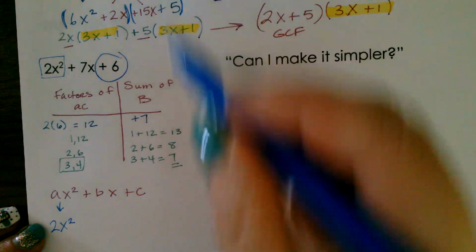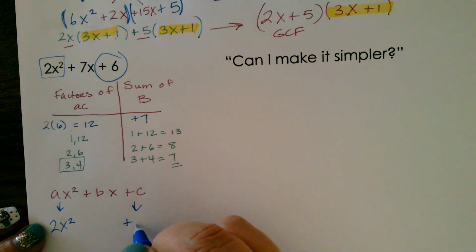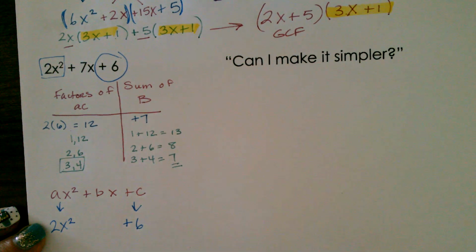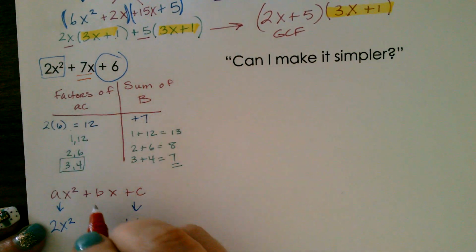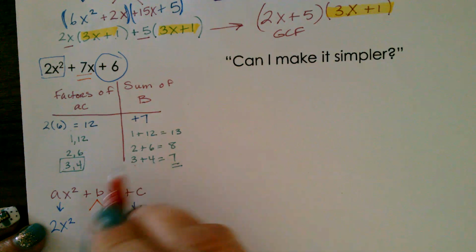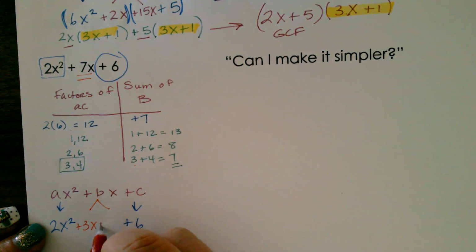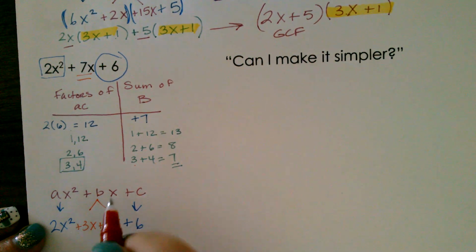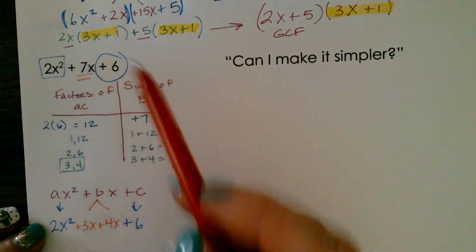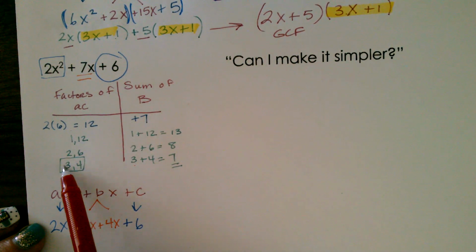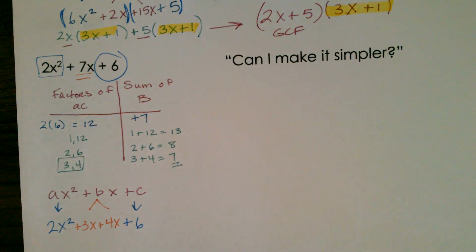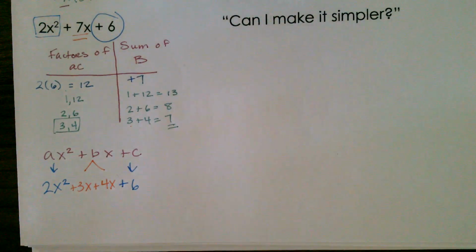Our C term, plus 6. The B, to get to 7, we saw we needed 3x plus 4x. To get to 7, we needed the 3 and the 4. Still cannot make it simpler.